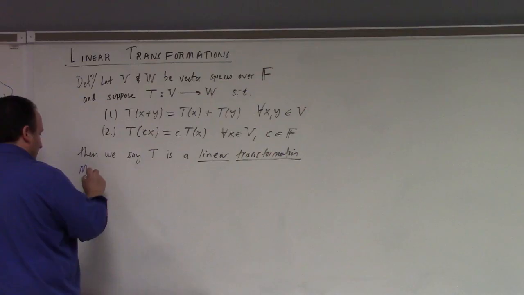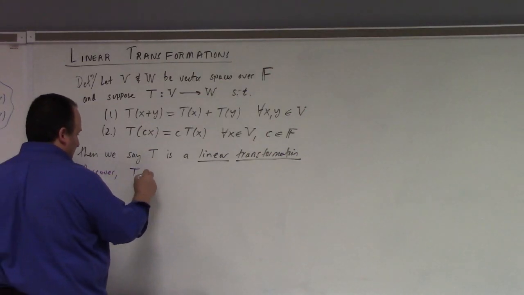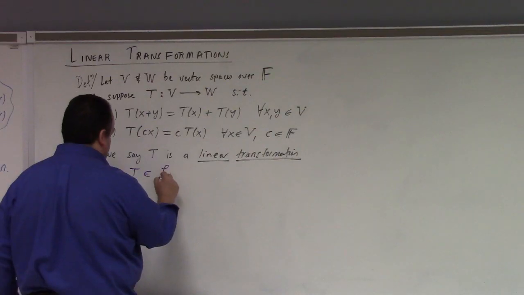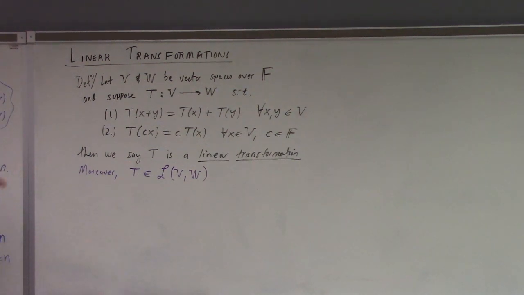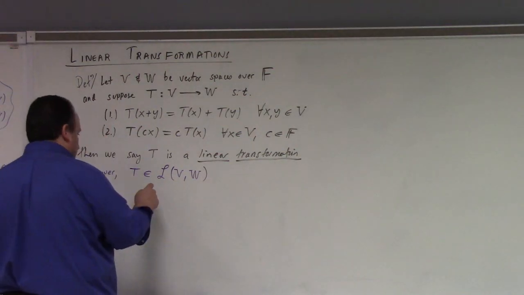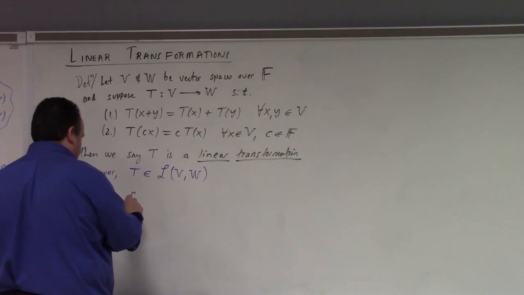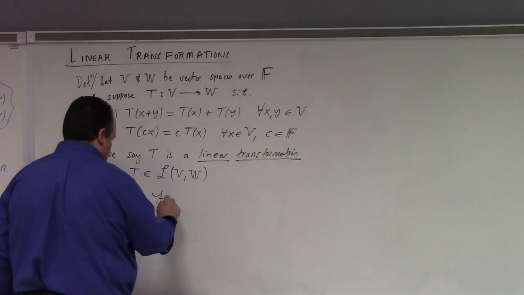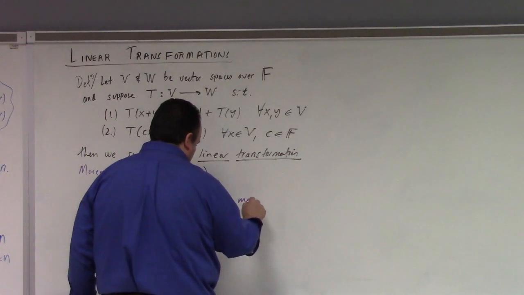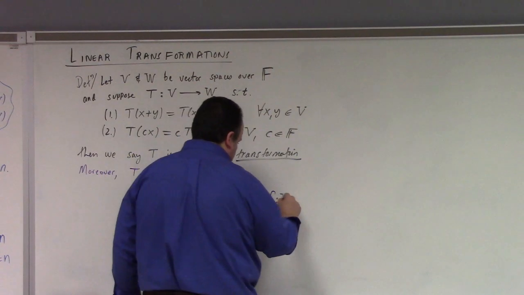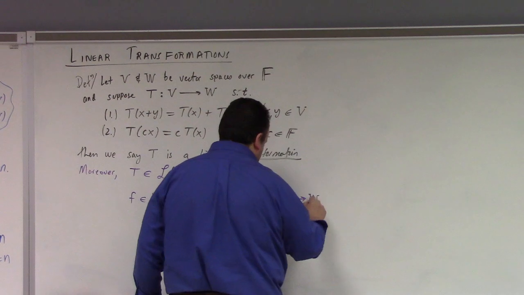Moreover, T is an element of the linear transformations from V to W. That's my notation for the set of all possible linear transformations from V to W. In contrast, if I just wrote f is an element of the functions from V to W, that just means f has V for its domain and W for its codomain.